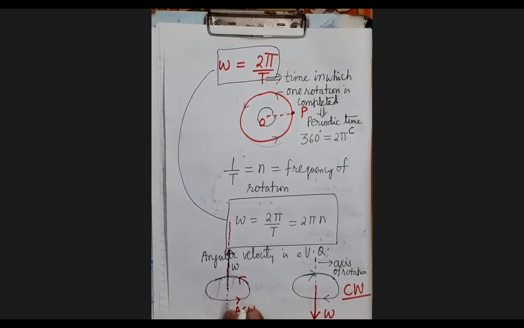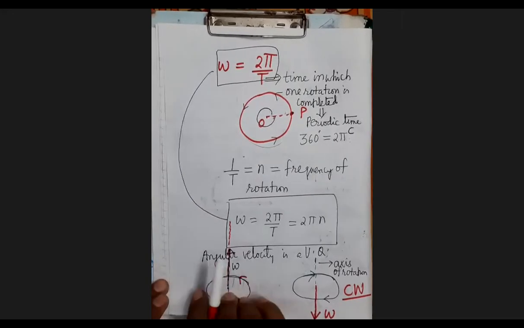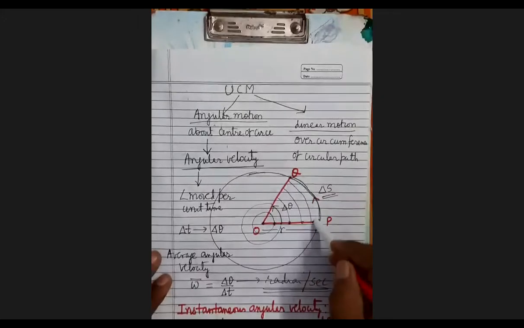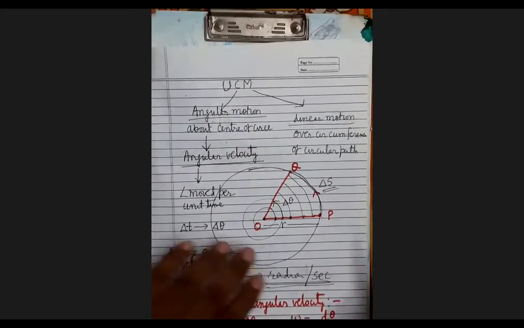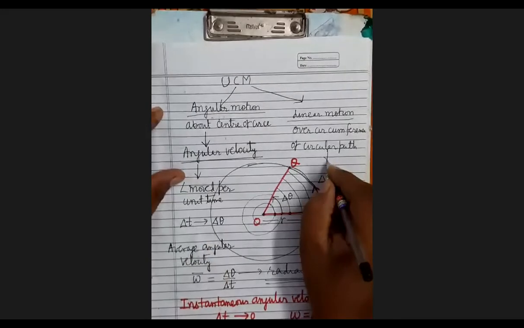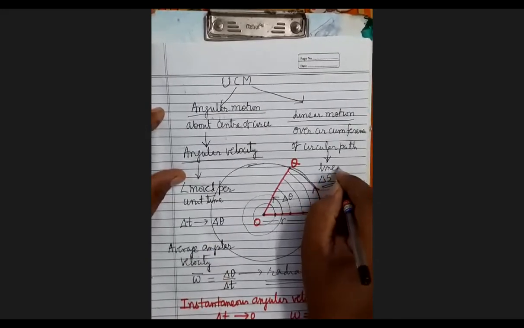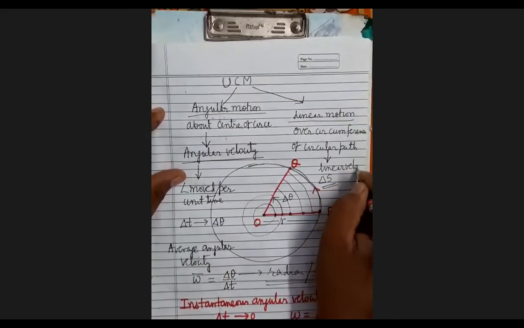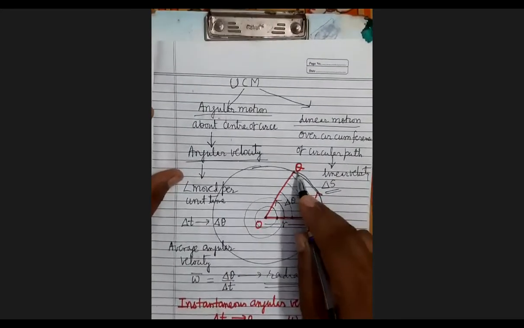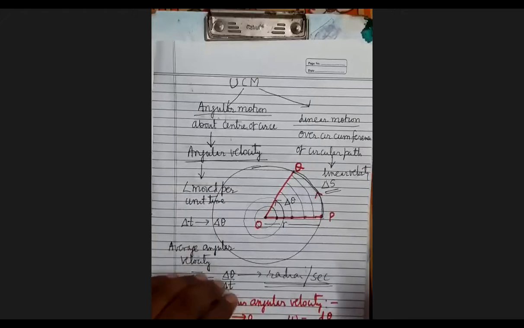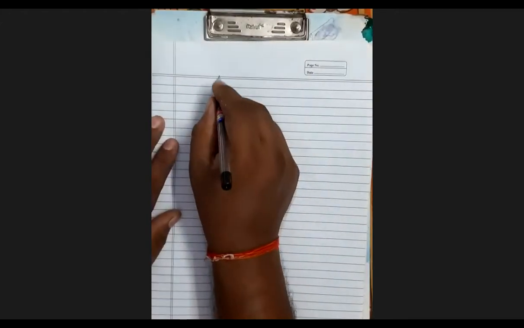Now, as we know, there is one more motion here, that is called the linear motion. You have seen it is also moving linearly. So it has one more velocity component, that is called the linear velocity. Suppose in time delta t it travels a distance delta s. So what will be the linear velocity?